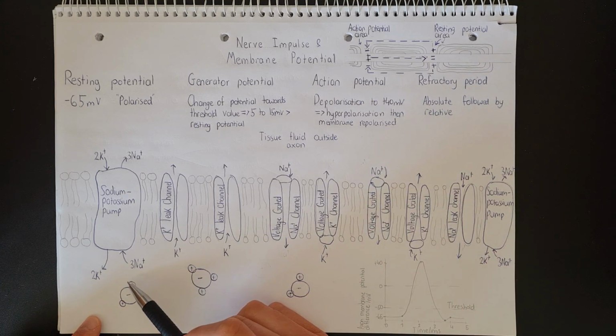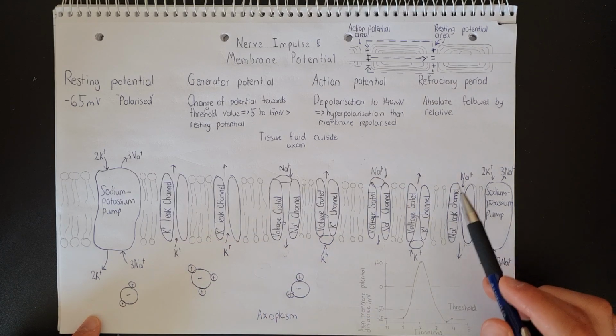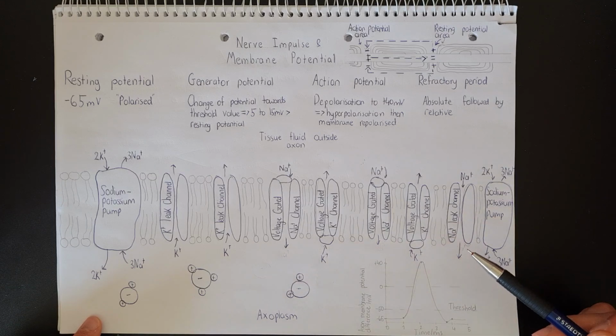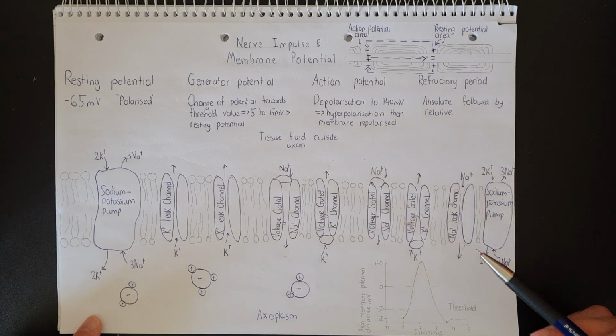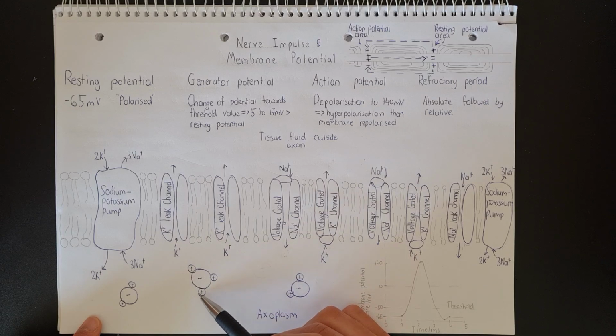We will have more potassium ions in the axoplasm compared to sodium ions, so there will more likely be potassium ions attached to these anions compared to sodium ions. There will also be some sodium ions attached to the anions. However, there will be more potassium ions.